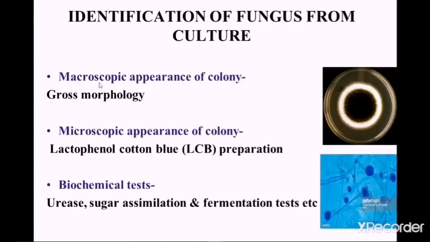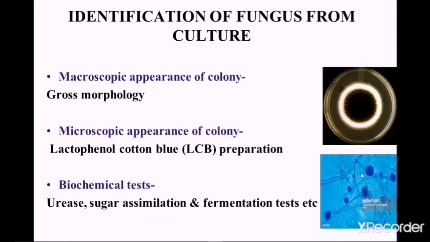Identification of a fungus from a culture. Just like in the case of bacteria, when there is a growth, you observe the colony morphology and then you perform Gram staining. Similarly over here, you would first notice the morphology with the naked eye. You would look at the nature, color and pigmentation of the growth, which is the macroscopic appearance, and then the microscopic appearance with the help of a stain which is lactophenol cotton blue stain.